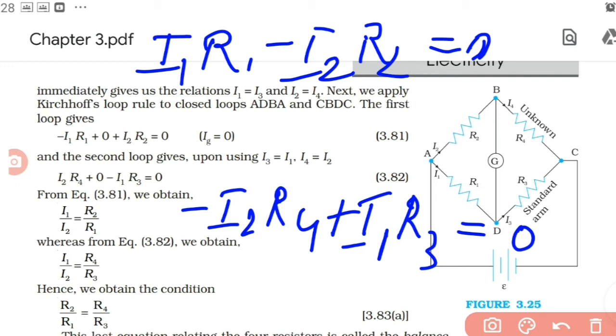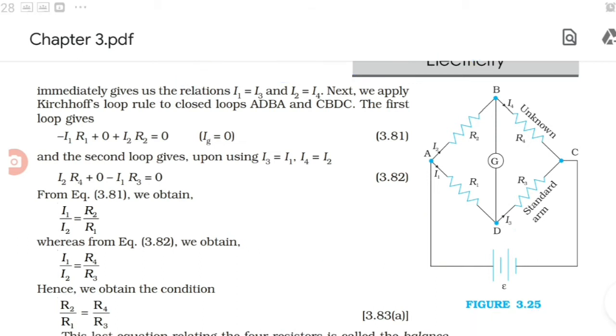Take I1 R1 equal to I2 R2 and I1 R3 equal to I2 R4. Okay. Now from the two equations, dividing the two equations, we will rewrite that equation.